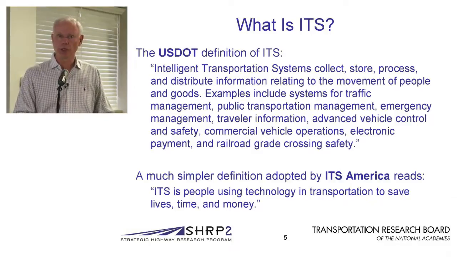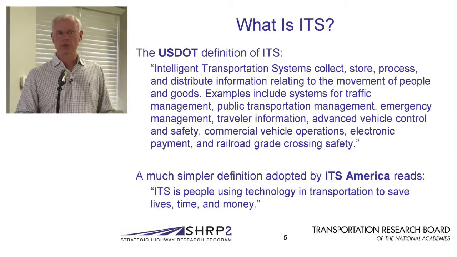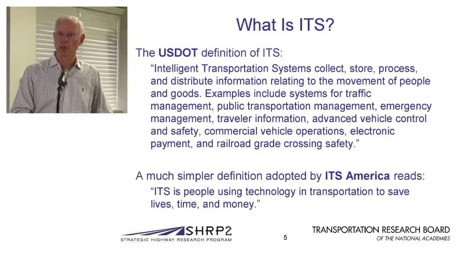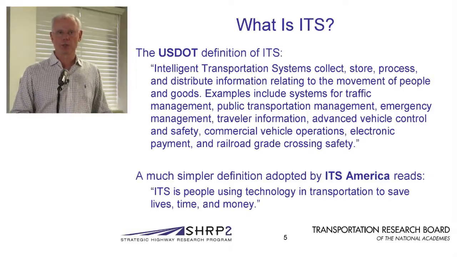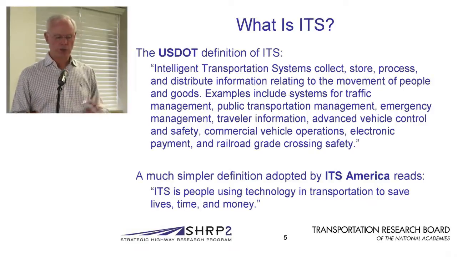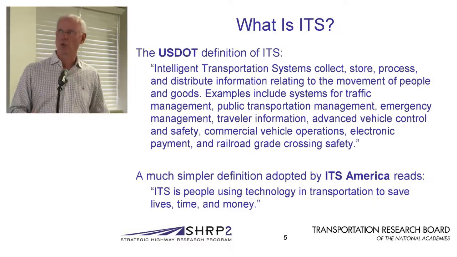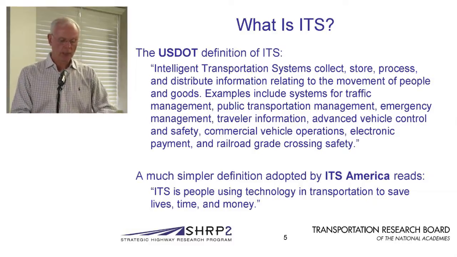So the technology is typically surveillance, it's communications, it's the data processing, it's the display, the dissemination of information, all of those technologies that comprise systems that constitute intelligent transportation systems. So you get the distinction. We'll talk a little bit more about that in a couple of slides.